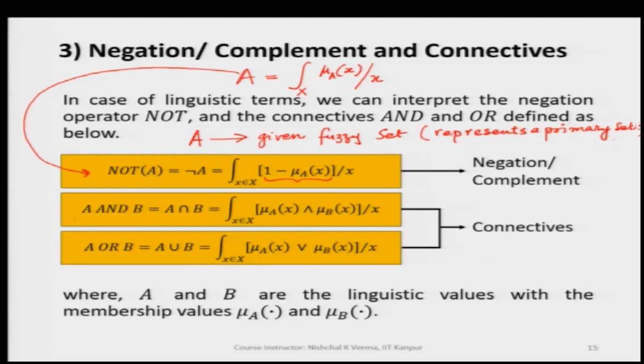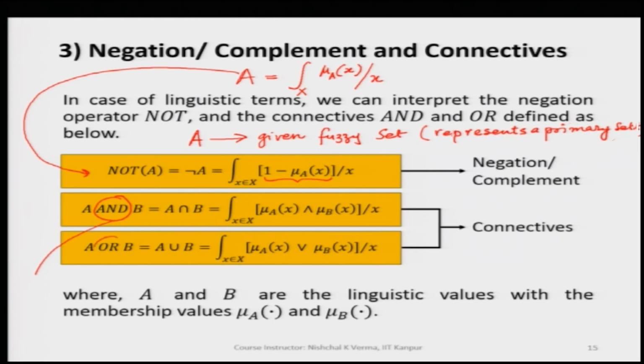And in the other case we can have connectives like A and B. When fuzzy set A and fuzzy set B are both given, how do we connect the two fuzzy sets together? For example, I can say middle aged and young. We have two fuzzy sets and both primary terms are connected by AND, so AND is a connective.